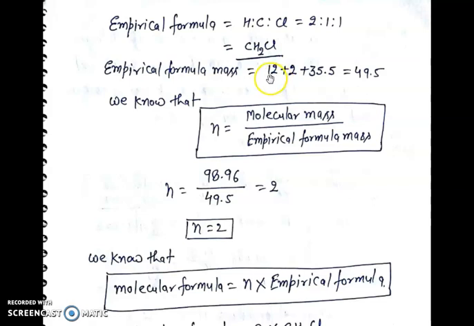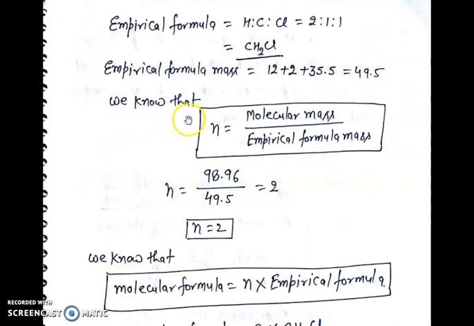Here the atomic mass of carbon is 12 and atomic mass of one hydrogen atom is 1, but there are two hydrogen atoms, so 1 into 2, that is 2, and the atomic mass of chlorine atom is 35.5, and we get the empirical formula mass, that is 49.5.